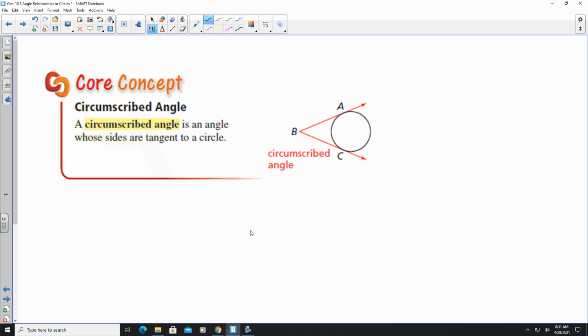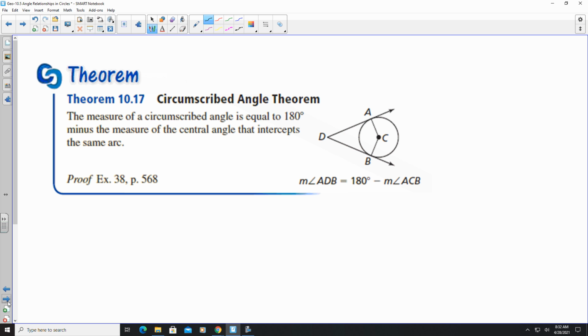This is illustrating that we have two lines that intersect on the outside of the circle and are tangent. Those are considered to be circumscribed angles. With that, we have the circumscribed angles theorem, which states that the measure of a circumscribed angle is equal to 180 degrees minus the measure of the central angle that intercepts the same arc.